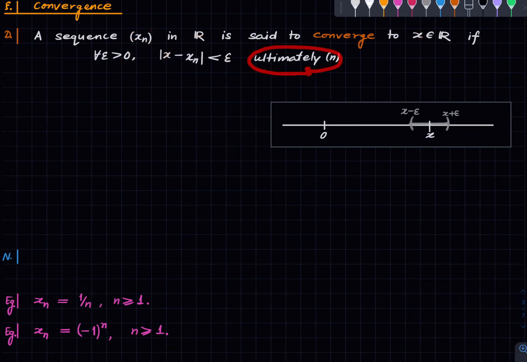If xn converges to x, we write either this, or we may write this. So these are two ways to express it, but two lazy notations are the following.